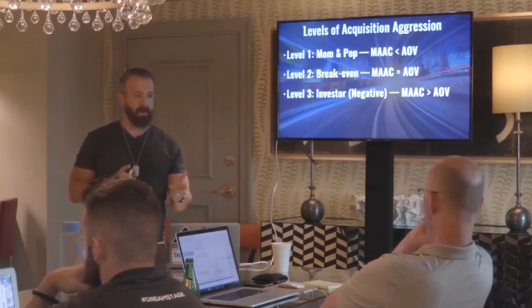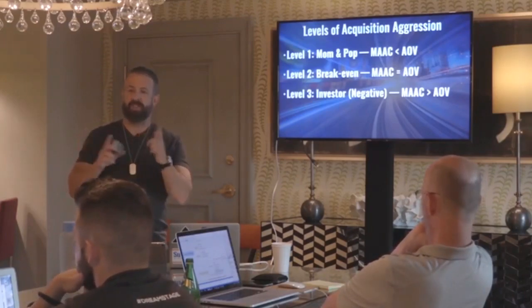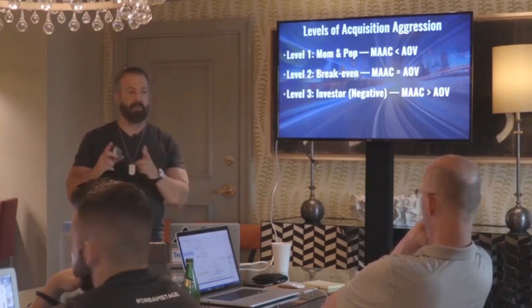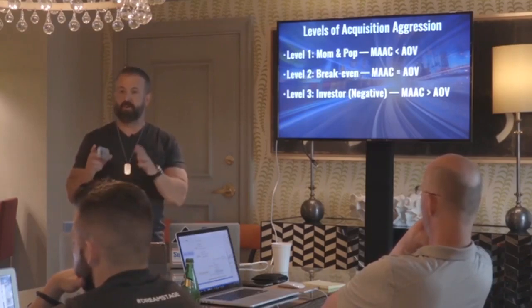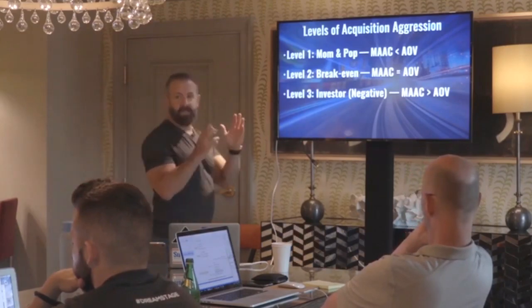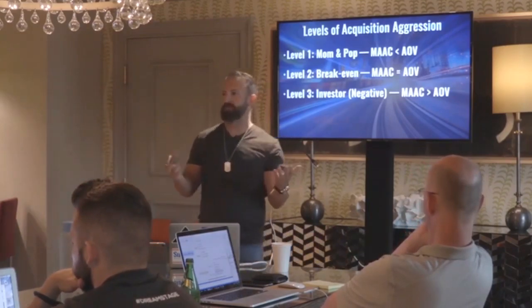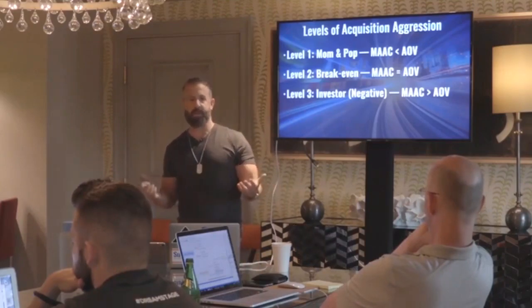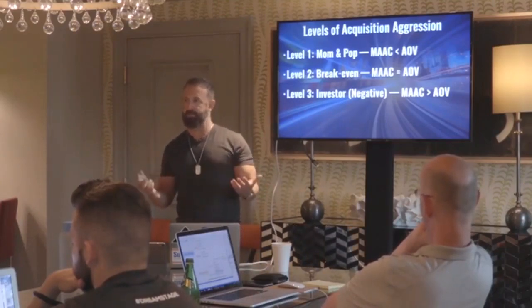Whenever we set up a campaign, I always run projections. I know roughly what our average cost per click is, so I know what it costs us to get a visitor to the page.